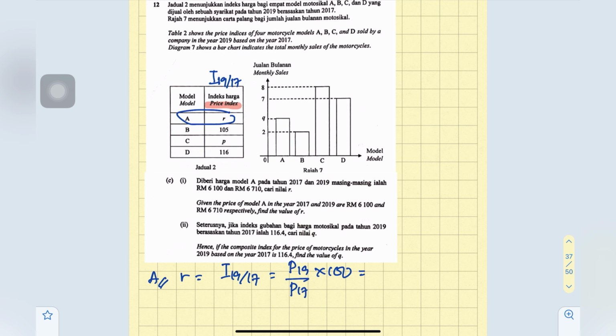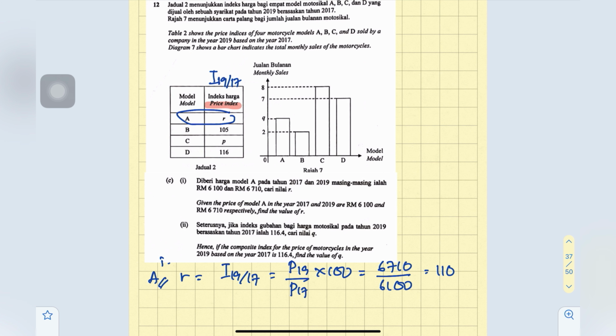Jadi kita masukkan je lah price. 2019 is 6710. 2017 6100. Okay, so nanti kita dapat lah 110. Okay, so this one is question 1.